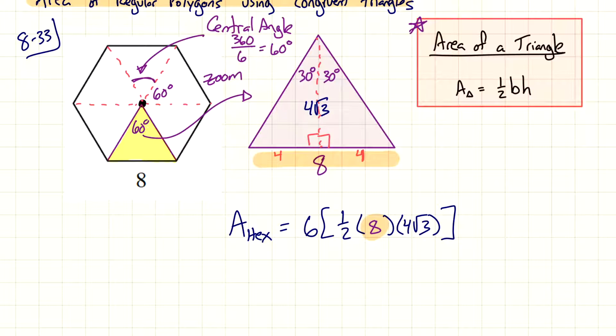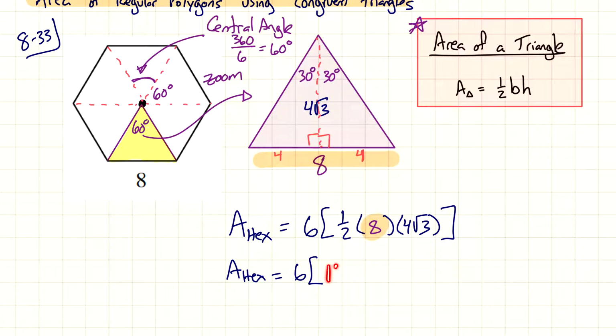I would probably multiply everything that is in the square root, or you could do it in steps. Actually, since I know 6 is going to be last, I'll do everything in the brackets first. So 1/2 of 8 is 4, and 4 times 4 is 16.